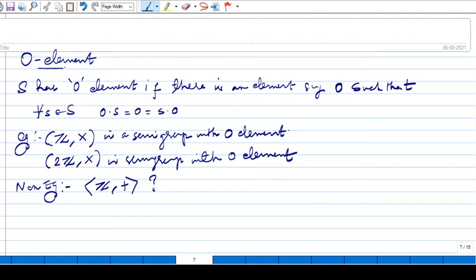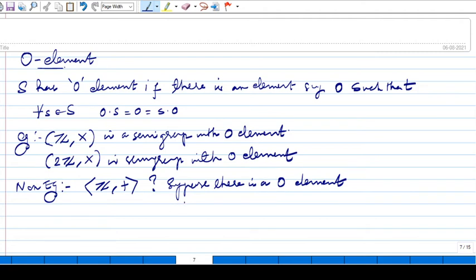What about this? Does it contain a zero element? Suppose it contains a zero element.